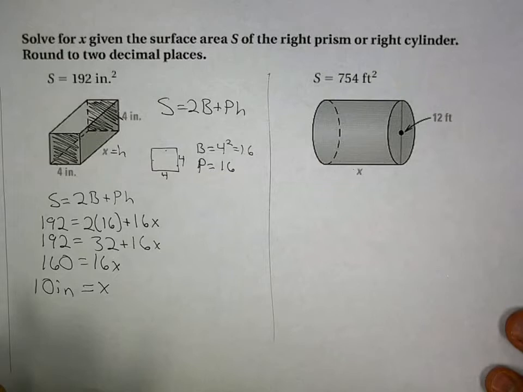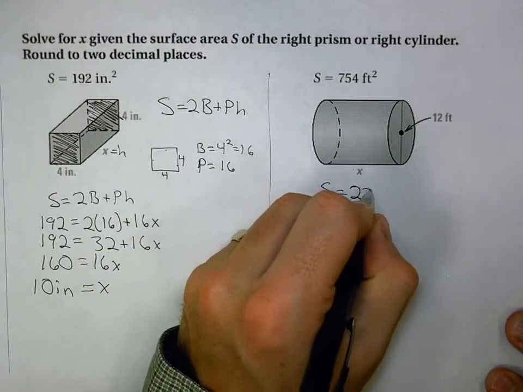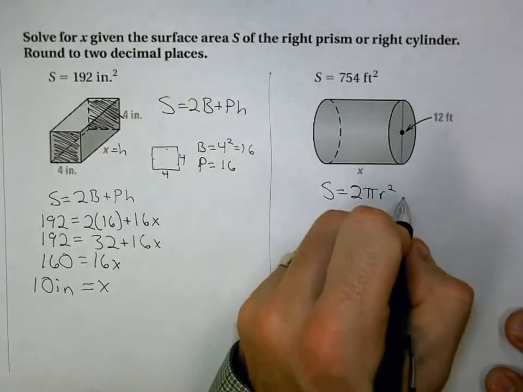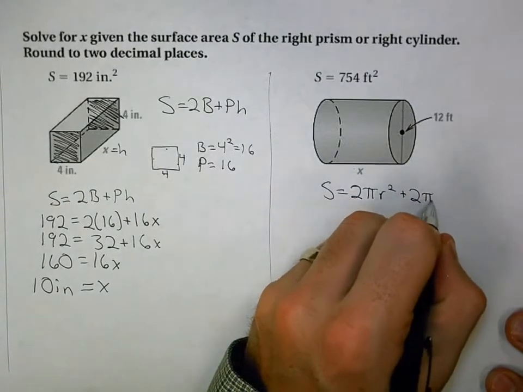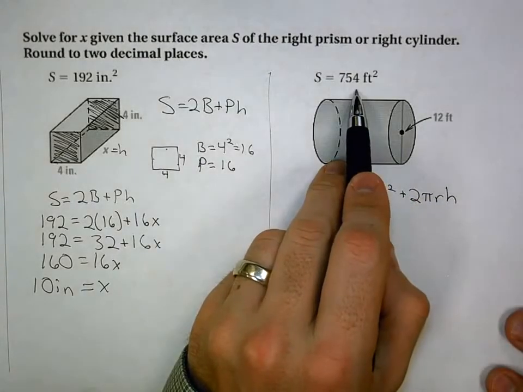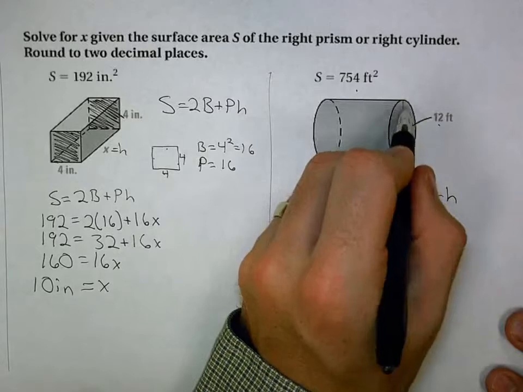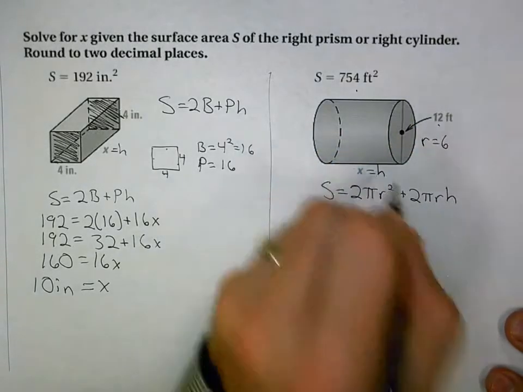Now when we look at a cylinder, we look at our formula. 2 pi r squared, 2 times the area of the base, plus the circumference, 2 pi r, times height. This is S. We're going to plug that in. That's 12, but that's our diameter, so our radius is 6, and our height is x.